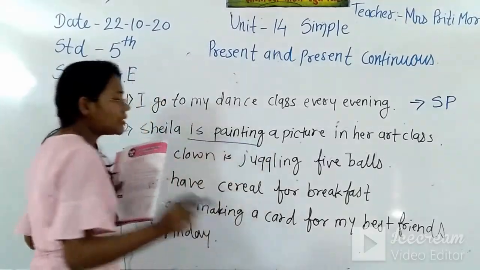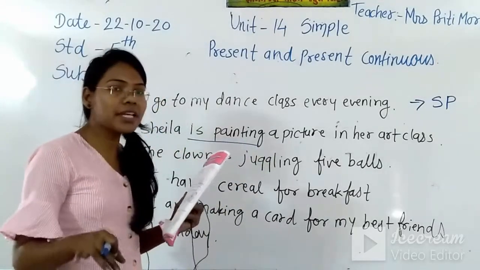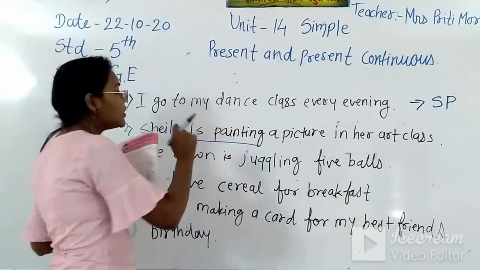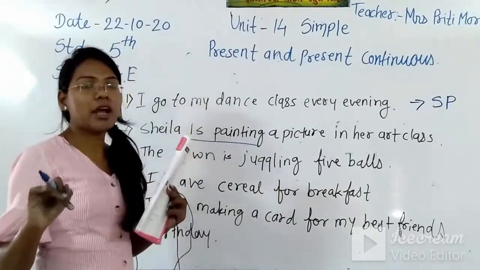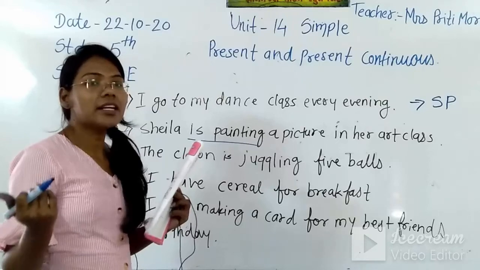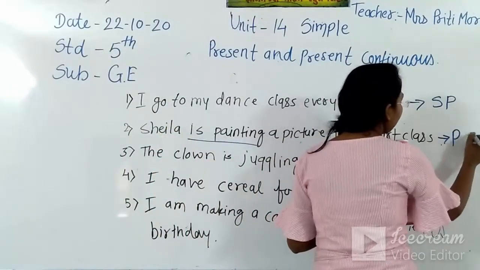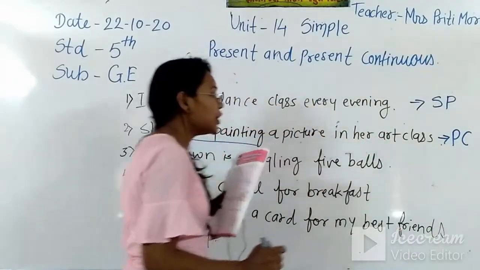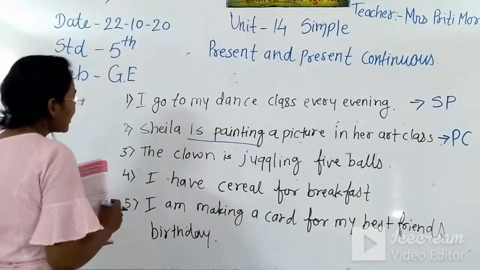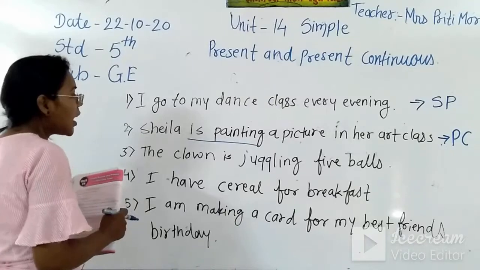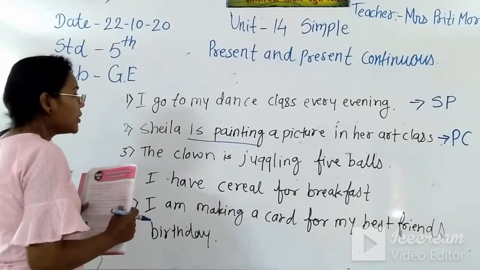Is painting means the action is happening now, and when we show the action is happening now, that is the present continuous tense. So which tense is it? PC, present continuous tense.